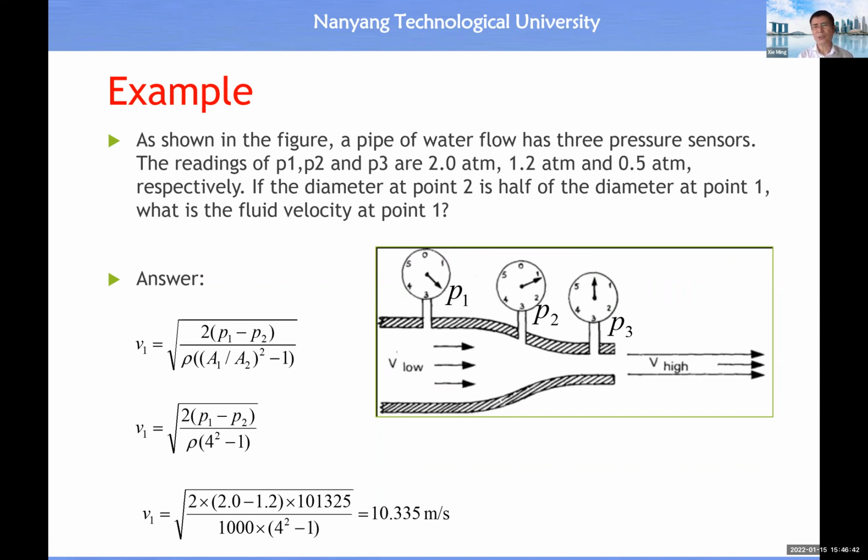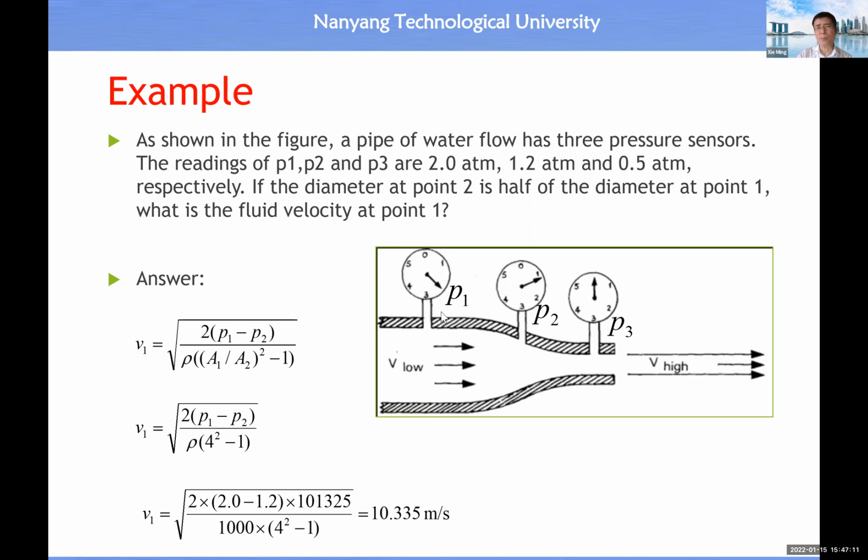So in order for you to know how to apply this equation, for example, here in the pipe system, we know the pressure at the three locations, point 1, point 2, point 3. And we also know that the diameter ratio between point 2 and point 1 is 1/2.